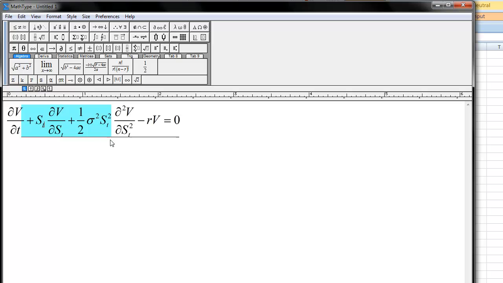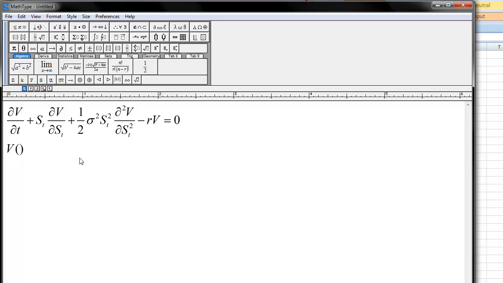Well, that's because this is just a part of the partial differential equation, because for a partial differential equation you also need the boundary conditions, and there are 3 boundary conditions in the case of Black-Scholes. The boundary conditions determine whether it is a call option or a put option. I will assume this is a call option.